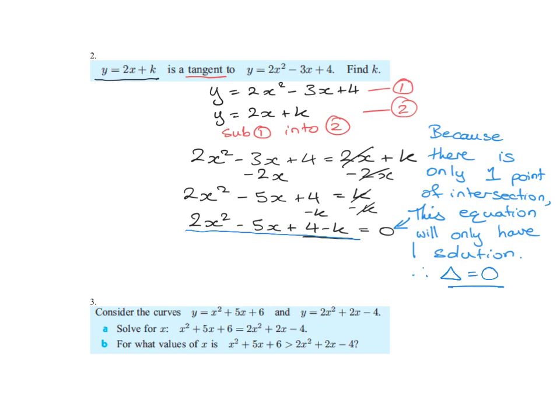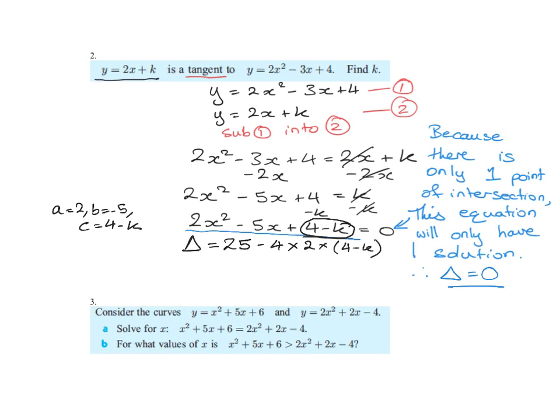Now, what is the discriminant? Well, first of all, hopefully you notice, in this quadratic, a is 2, b is negative 5, and c is all of this constant 4 minus k. So let's put that into the discriminant. So the discriminant equals b squared, which is 25, minus 4 times a, which is 2, times c, which is 4 minus k.